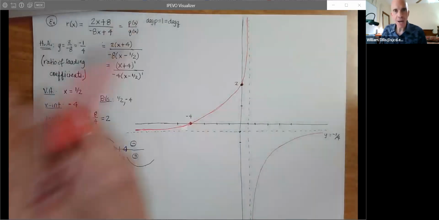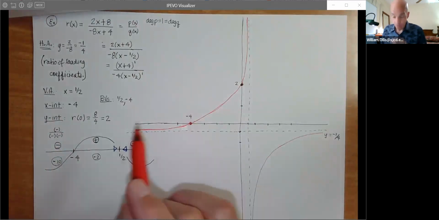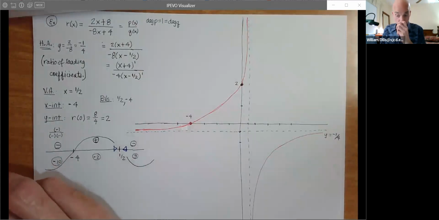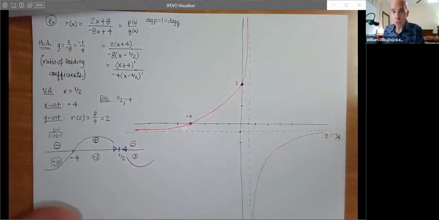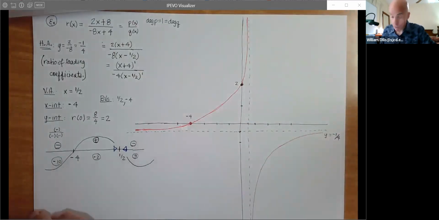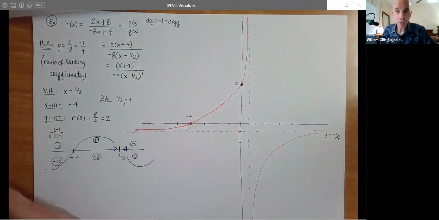So again, another nice calculus problem would say, okay, prove that the function increases throughout its domain, just like we've drawn it here. It looks like it does. It does look like it's increasing, but that's not a proof. So that would be a calculus problem.